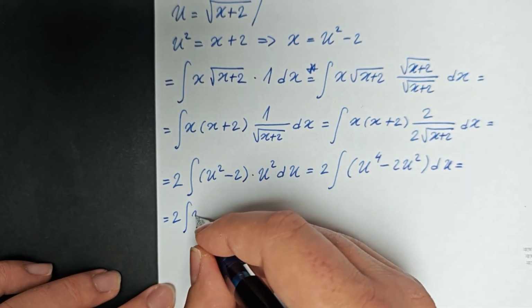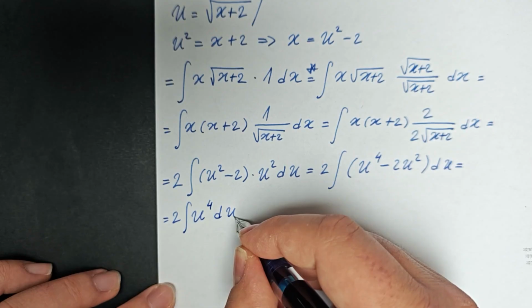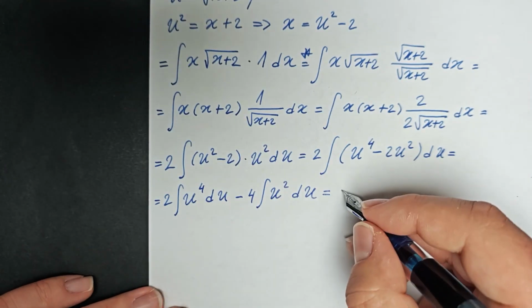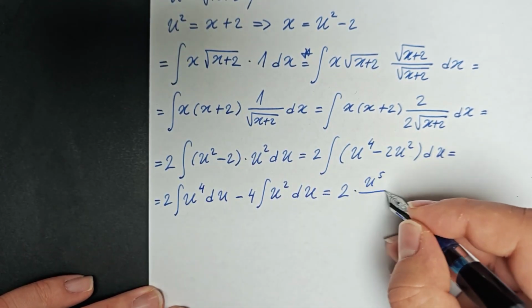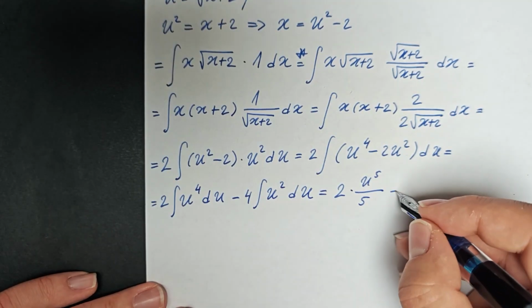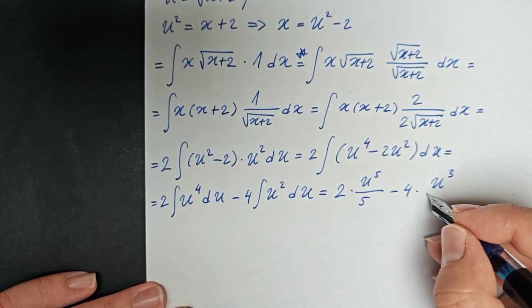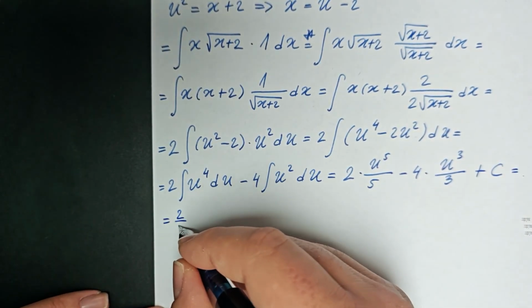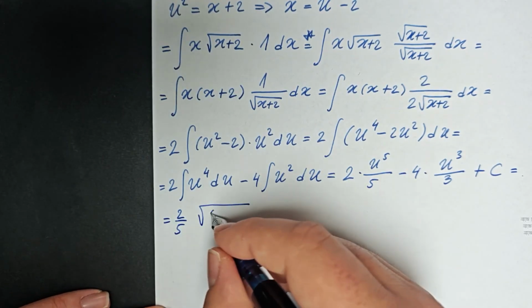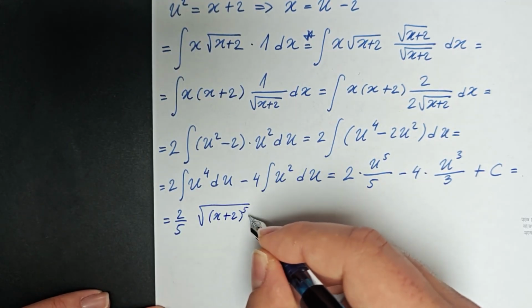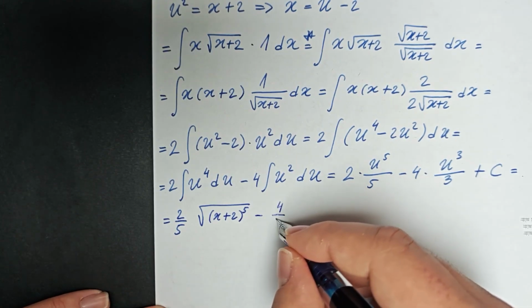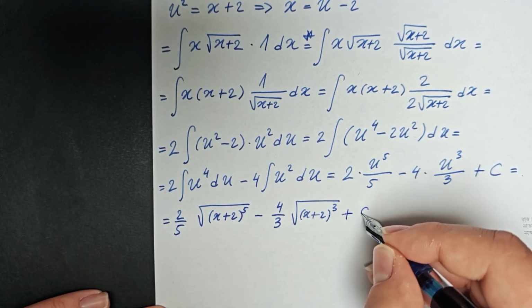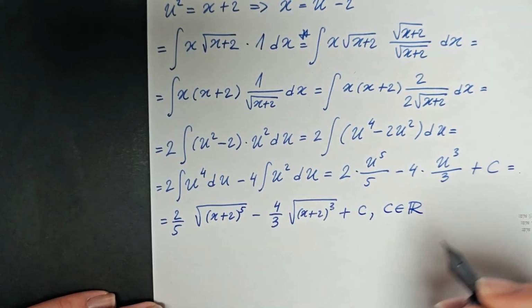This is 2 integrals of u to the 4th power du minus 4 integrals of u squared du, which is equal to 2 multiplied by u to the 5th power divided by 5 minus 4 multiplied by u cubed divided by 3 and plus c. This is equal to 2/5 square root of x plus 2 raised to the 5th power minus 4/3 square root of x plus 2 cubed and plus c, where this c is a real number.